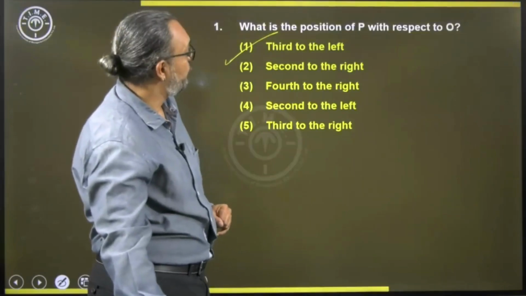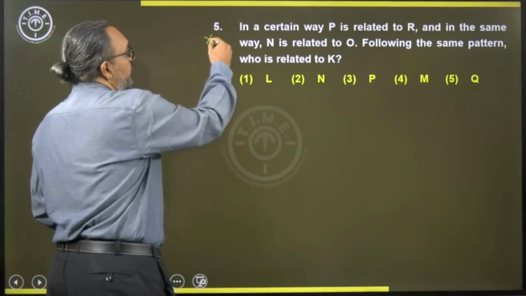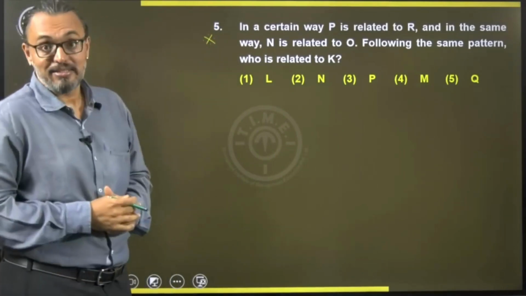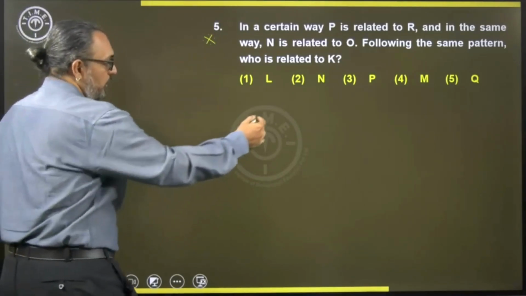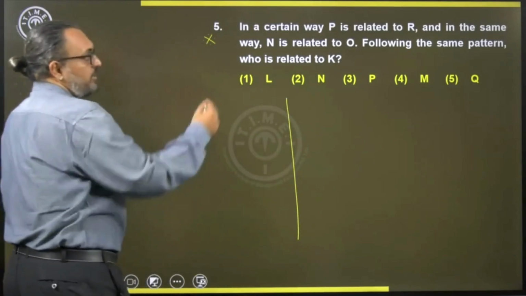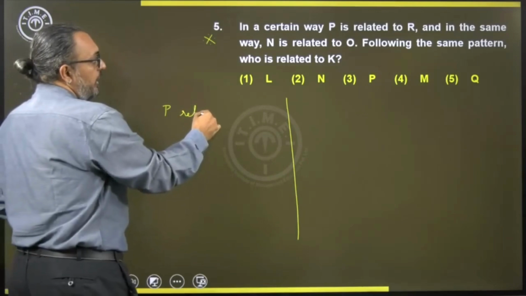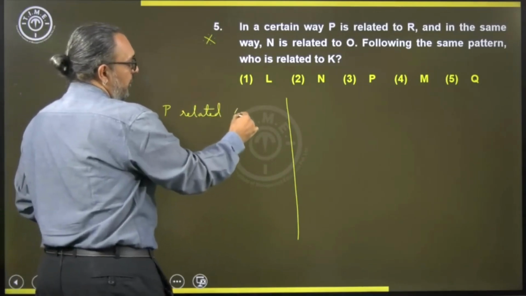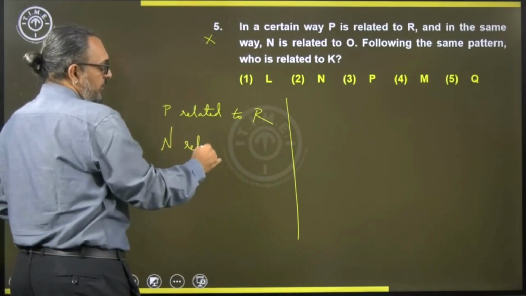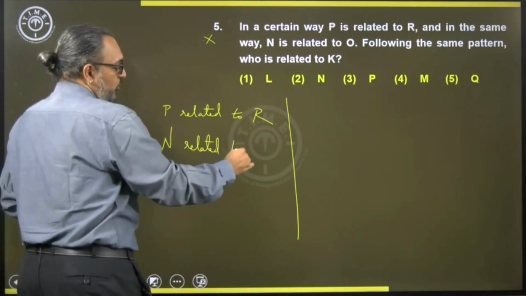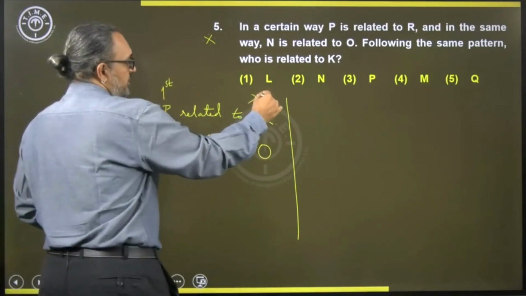So this kind of question is important. We need to be careful with regards to what he is asking, because there are two ways of asking this question. So let us look at that. One way is how he is asking here. He says P related to R, same way, N related to O. So we consider first and second like this.